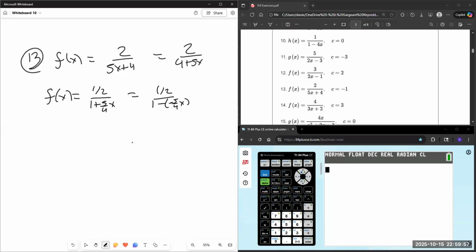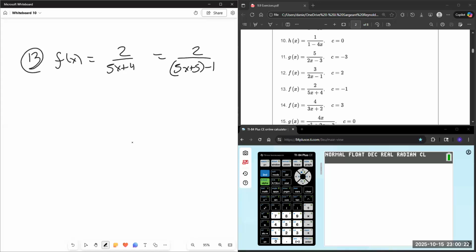So this is 5x plus 5 minus 1, which is equal to 2 over 5 times x plus 1 minus 1, which is a -2 over 1 minus 5 times x plus 1.